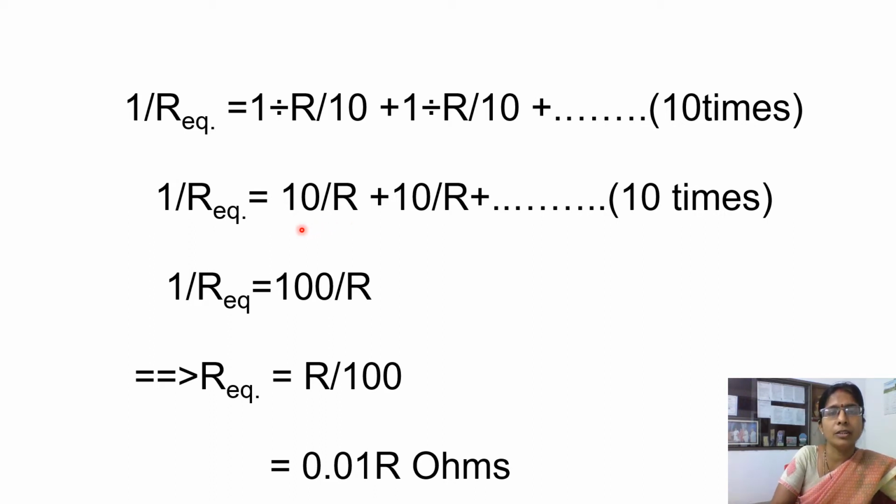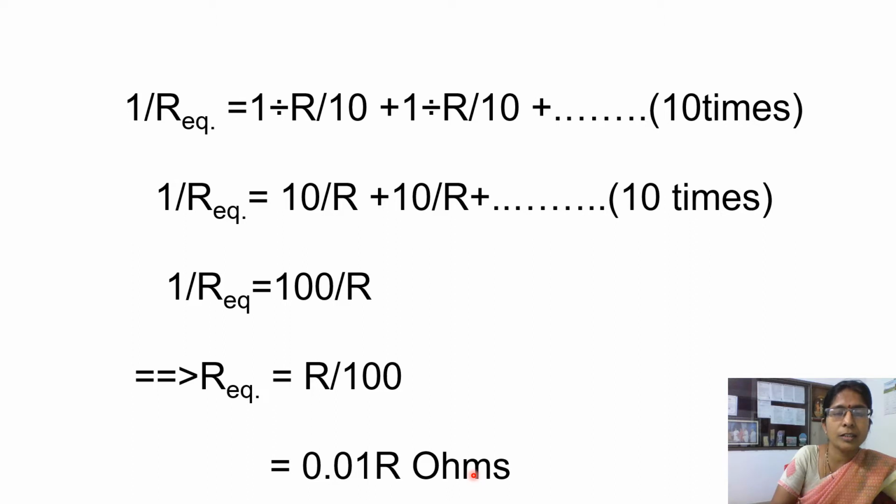So 10 into 10 by R is equal to 100 by R. So 1 by R in parallel combination is equal to 100 by R. Hence the equivalent resistance is equal to the reciprocal of the above one, which is R by 100. This is equal to 0.01 R ohms. The unit of resistance is ohms.